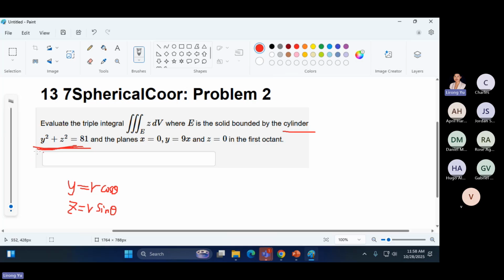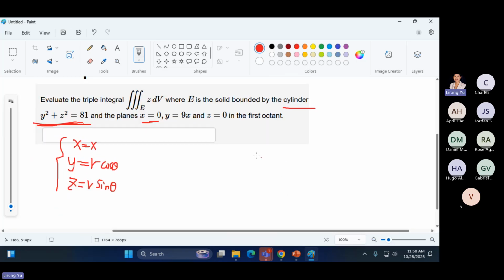X is not in there. You're going to keep your x variable, x still equal to x, and then have r and theta for y and z. So y and z will be replaced, x will stay. So have that part, and therefore, try to identify the integration region.